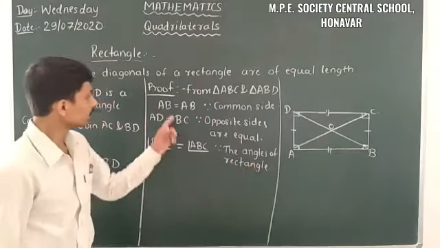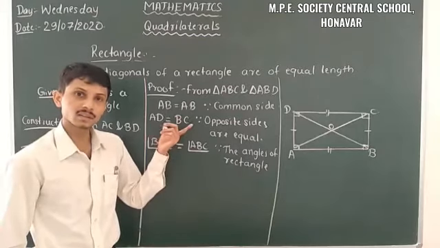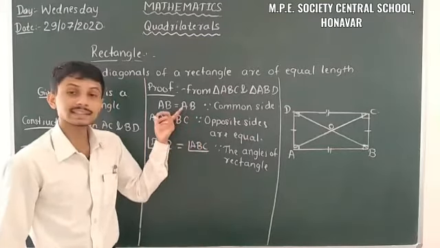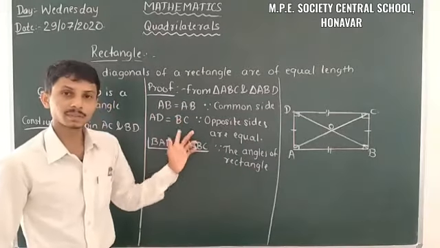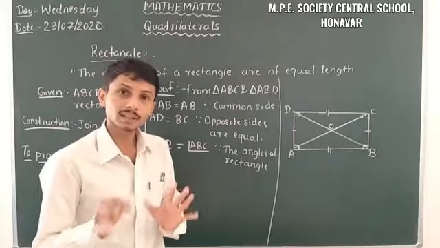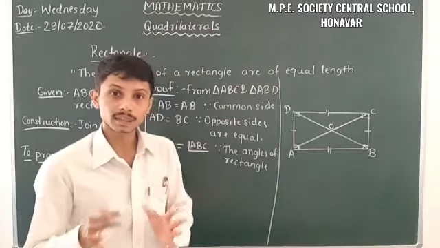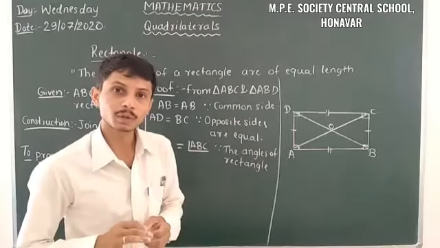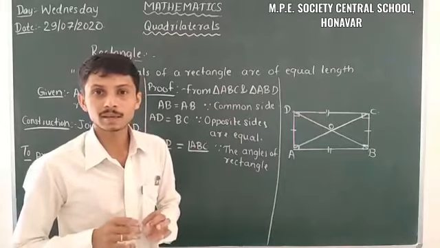So just observe, three properties here. The criterion is the SAS criterion, that is side, angle and side. That means in both triangles, two of the corresponding sides and one of the corresponding angles are equal. That means both triangles are one and the same.